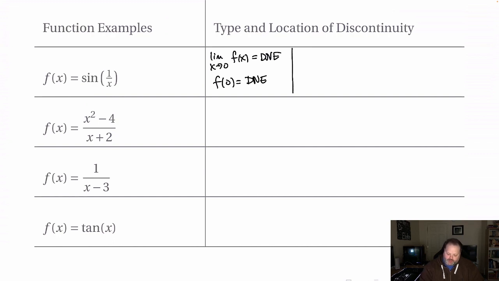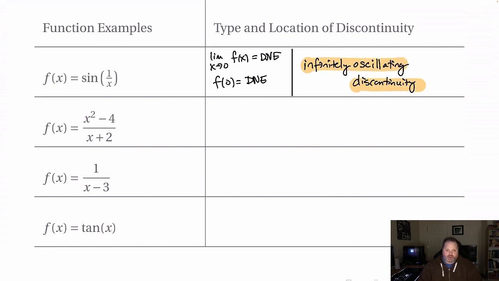Now, those two things are features of what's called an infinitely oscillating discontinuity. So that's the type of discontinuity featured by this function. Infinitely oscillating discontinuity. All right, next one up.